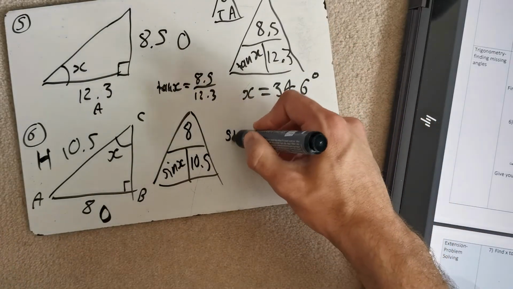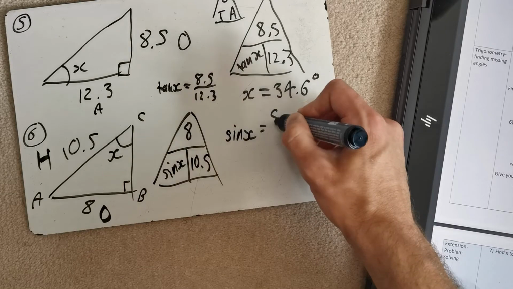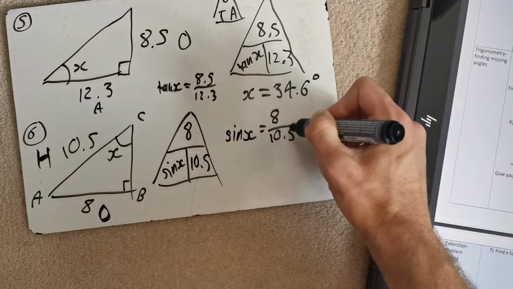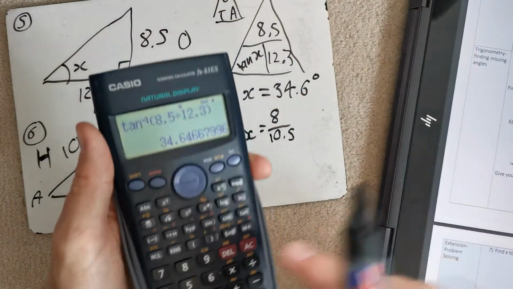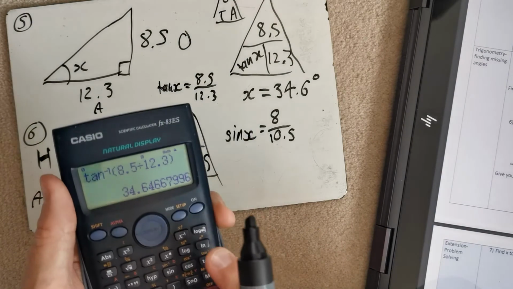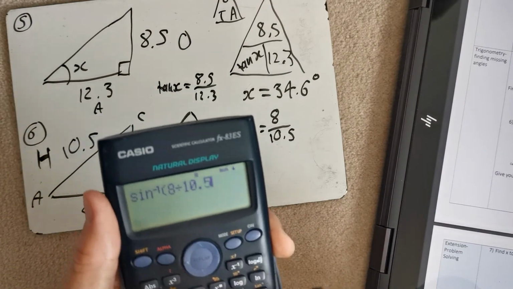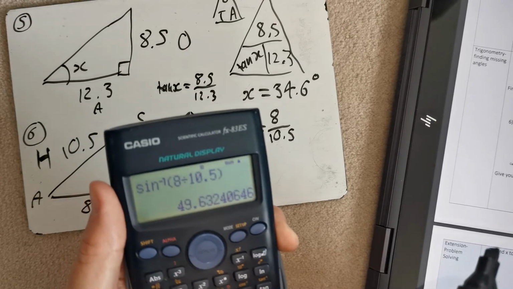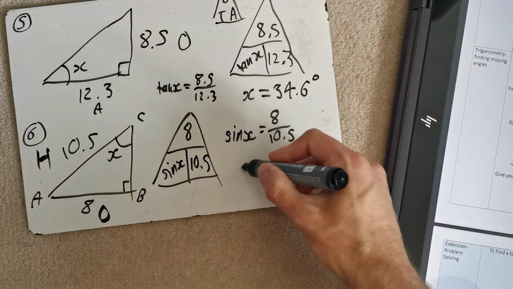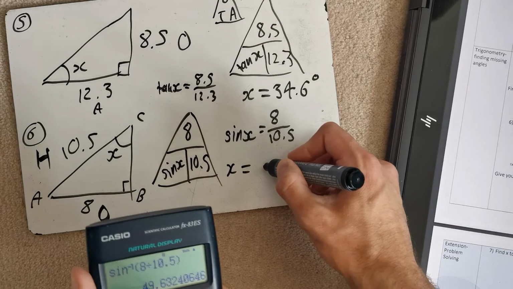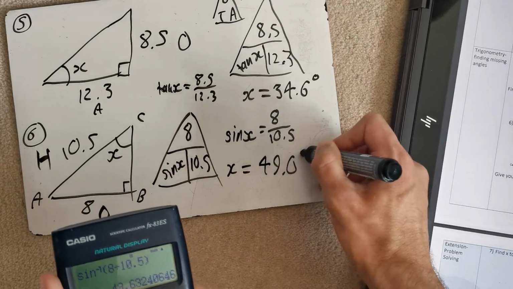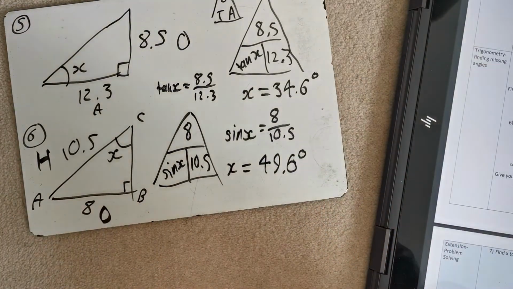Okay, so sine x equals 8 divided by 10.5. So to find out what the angle is, we use shift sine 8 divided by 10.5. And that is 49.6 degrees. So x equals 49.6 degrees.